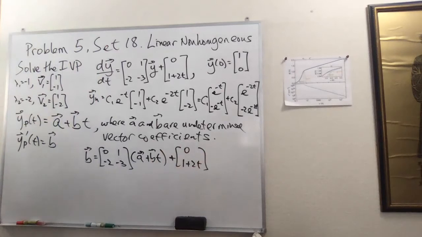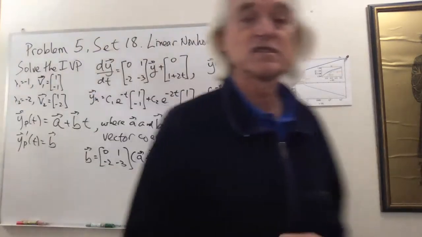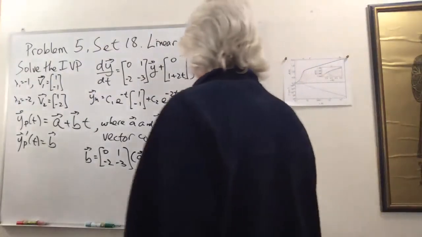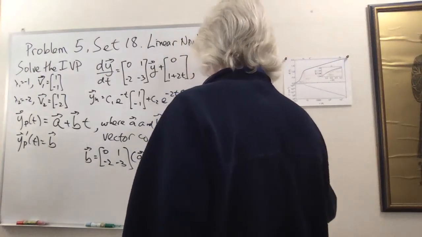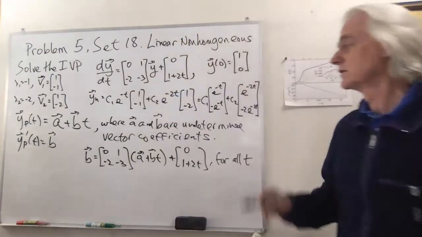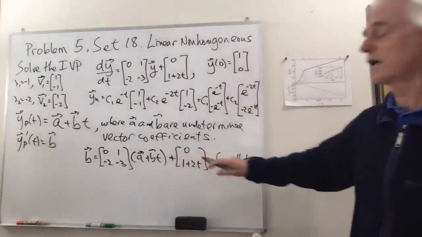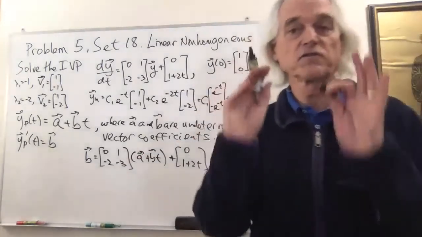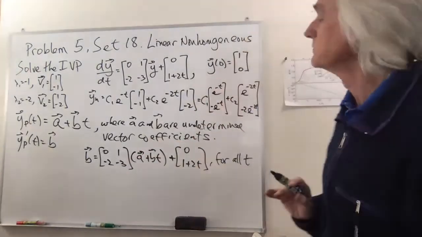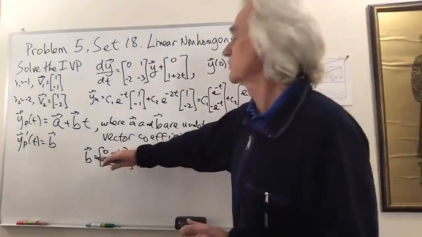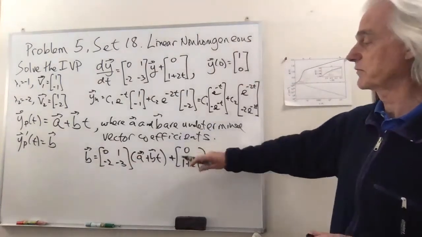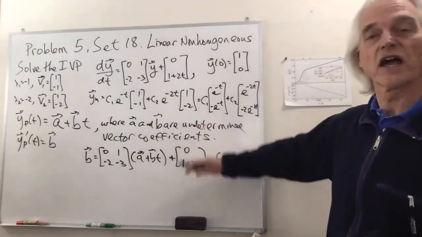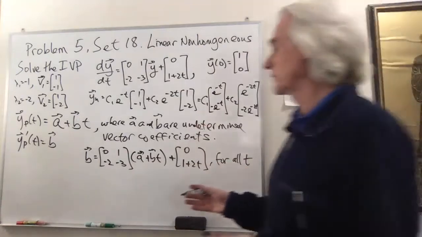Okay. So this has to hold for all t, right? So that's an equation of two functions of t, and the first component and the second component of this vector-valued function of t have to equal each other.